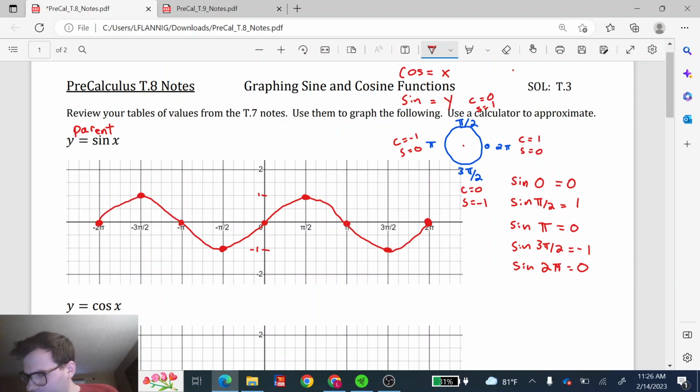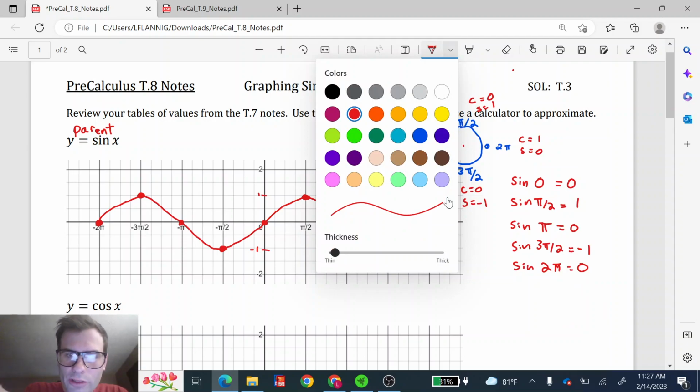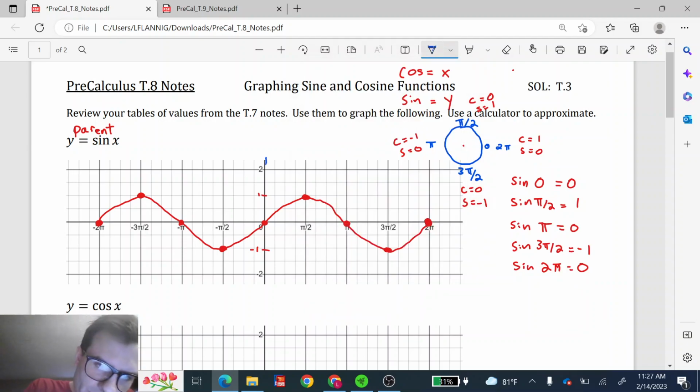This is a basic sine function, and what the basic one looks like. The big thing here is that it starts at 0, 0, and goes up and down. I'm going to draw these blue lines real quick. You can see that from here to here they all have different positions, and this is what we call a period of a sine function.